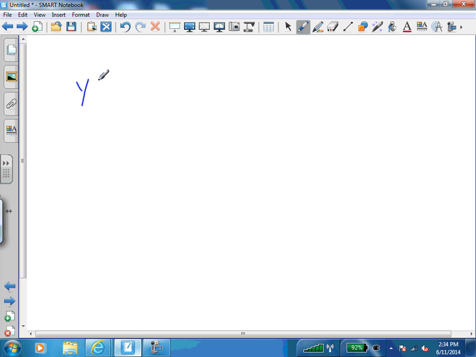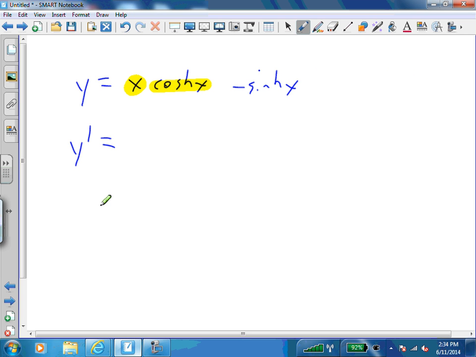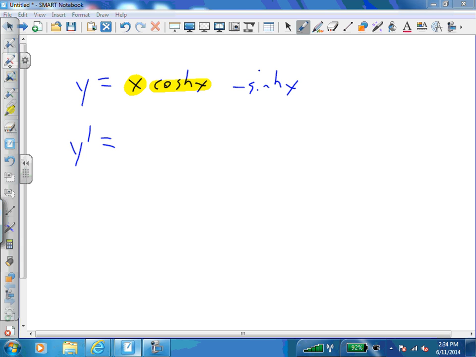Let's do what's the rule we're going to have to use to do that derivative? Product, we have a variable times another function. Use our product rule.